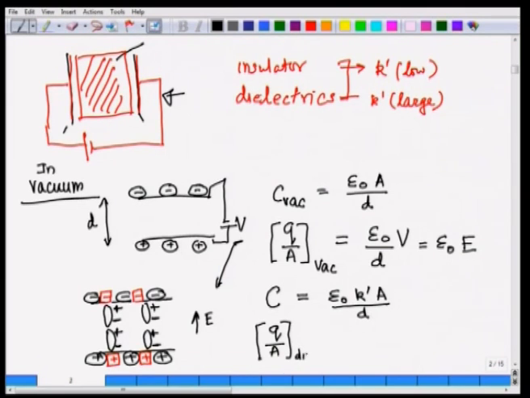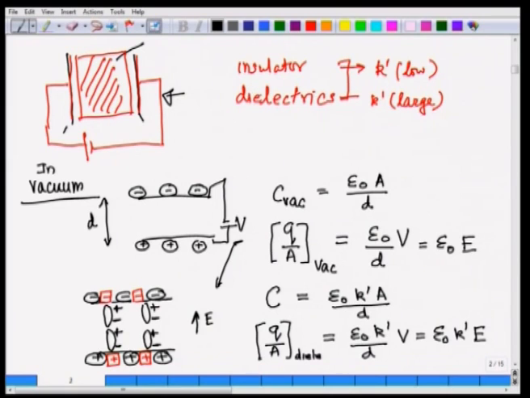This is dielectric. That quantity of course would be equal to, in the same way, epsilon naught K prime over d multiplied by V, which we are going to write as epsilon naught K prime E. Remember this equation, we will come back to this.